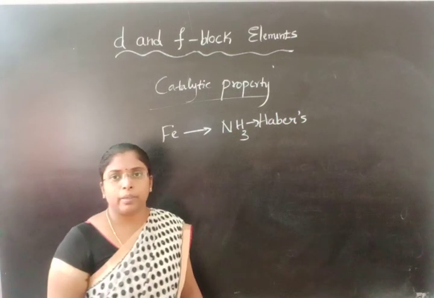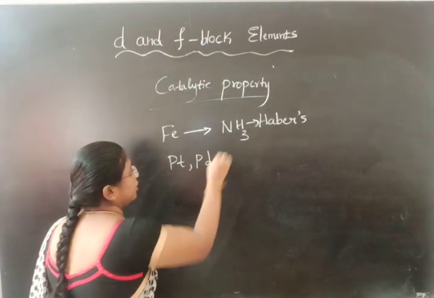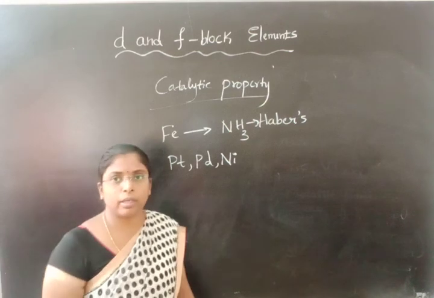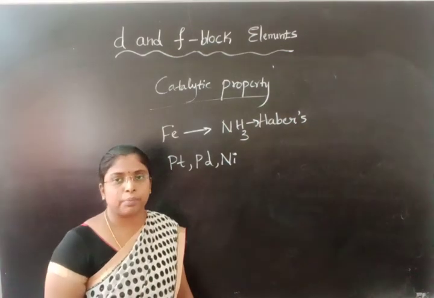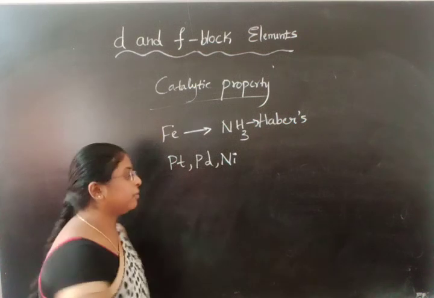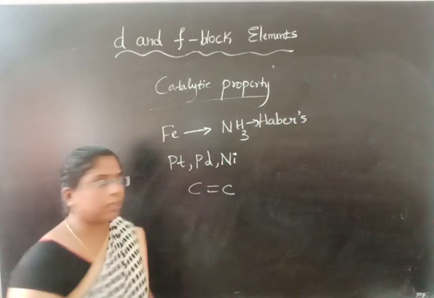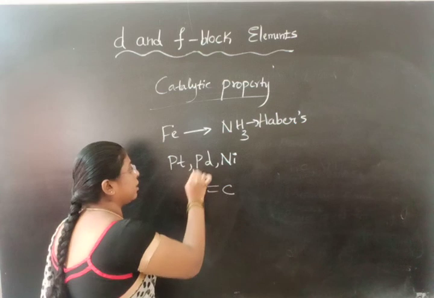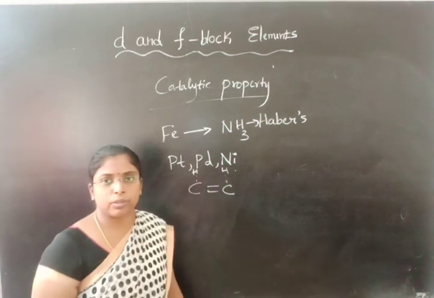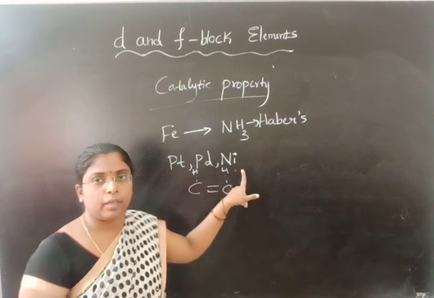Platinum, palladium and nickel are used as catalysts in catalytic hydrogenation, especially of unsaturated compounds. For example, with any alkene, hydrogen is added across the carbon-carbon double bond in the presence of catalysts like platinum, palladium, nickel.